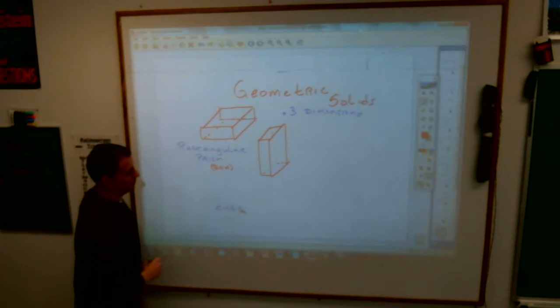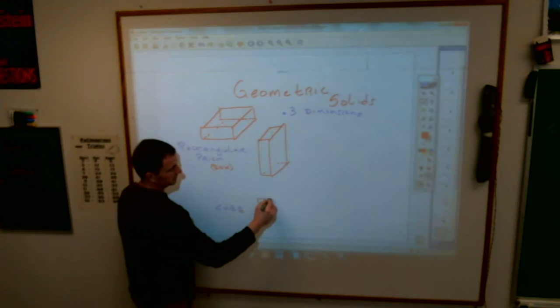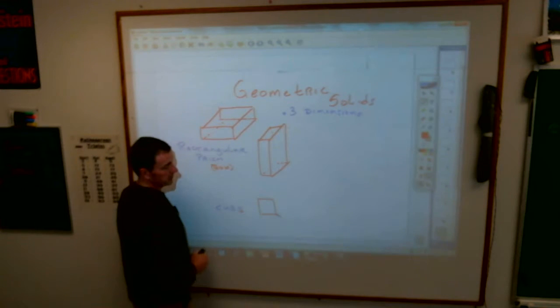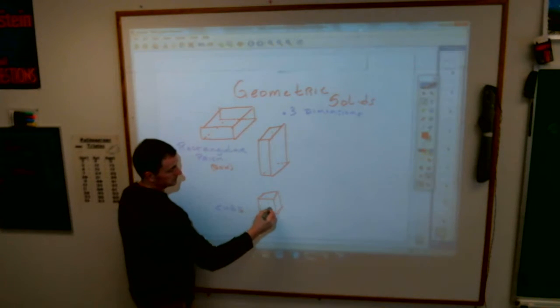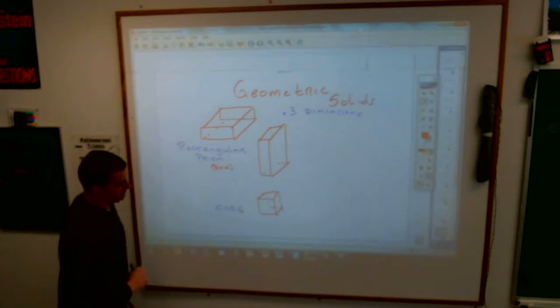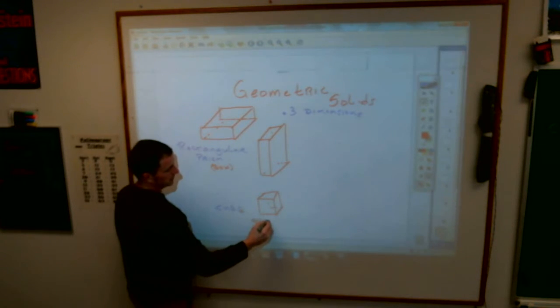So if you're drawing a cube, it looks a little like this. Start off with a square, the best you can, and then every side would be kind of that same squarish looking thing. All sides are the same. And they're all squares.